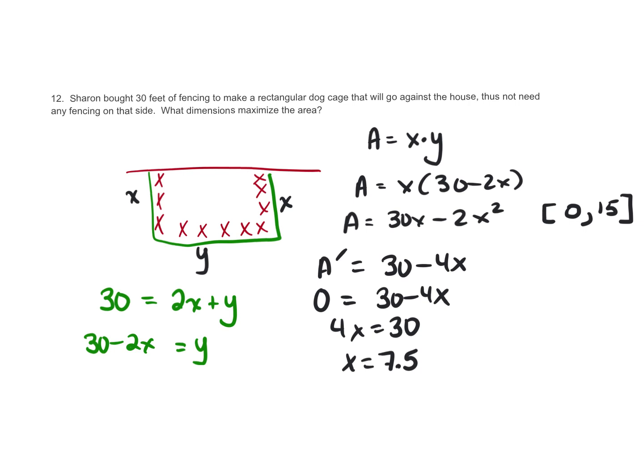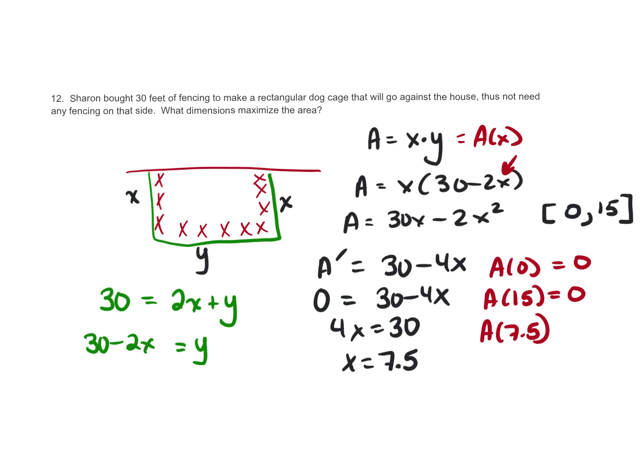So in my area function, and you can consider this area based on x, I'm going to check area of 0, which is 0, because 0 times anything is 0. Area of 15 is 0 too, because if I put 15 here, 15 times 2 is 30, 30 minus 30 is 0. So my maximum has to be at this 7.5, because the other ones were all 0.